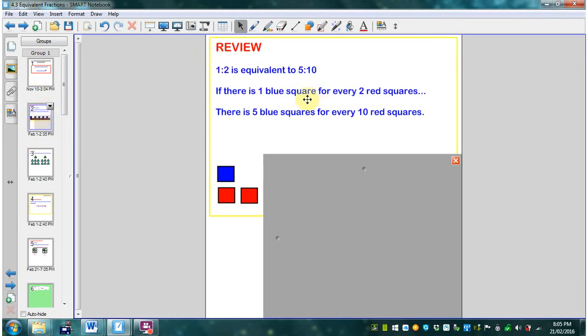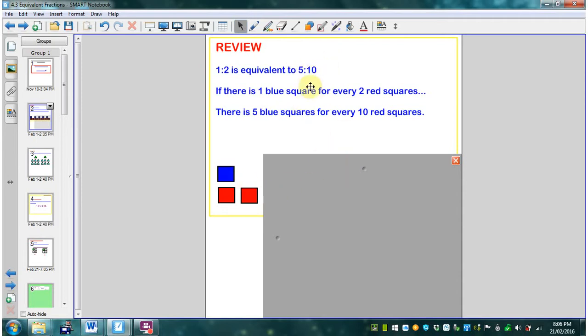Okay, so a quick little review. We talked about the example that 1 to 2, this ratio, so 1 blue block to 2 red blocks, is equivalent to 5 to 10. So they show the same comparison, they're just written a little bit differently.